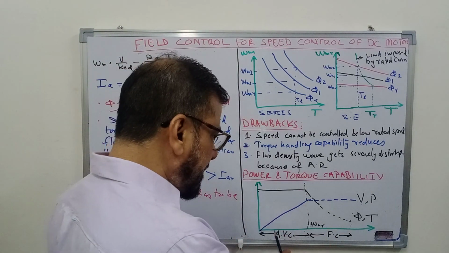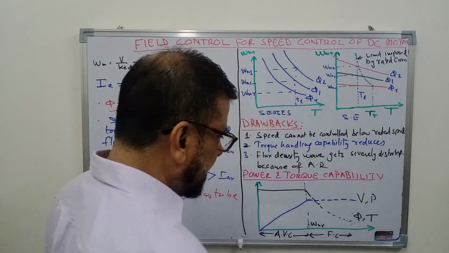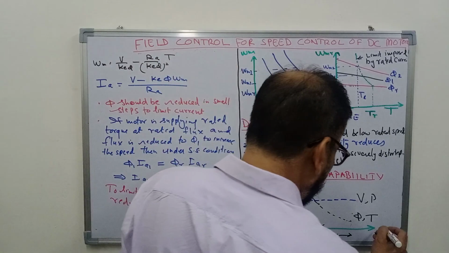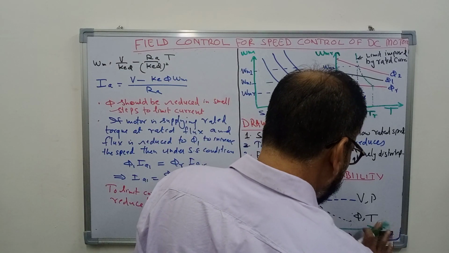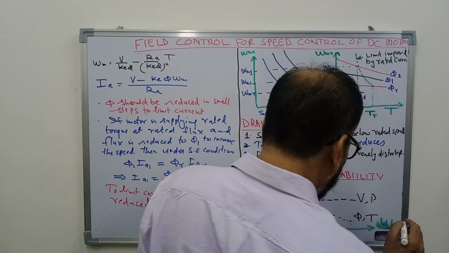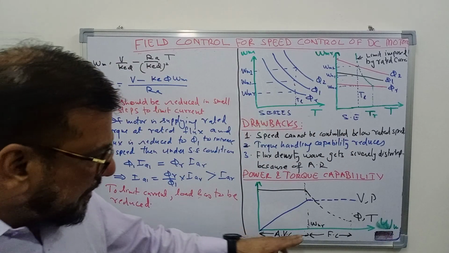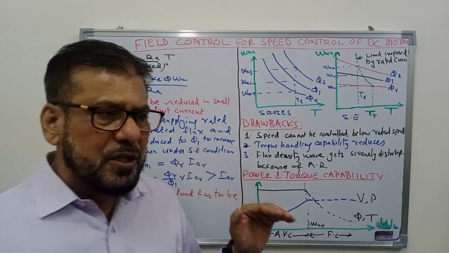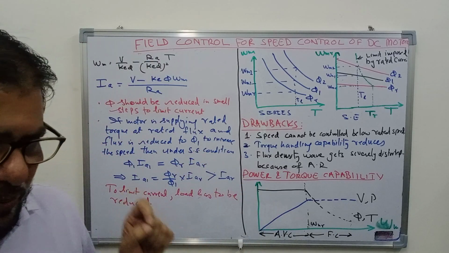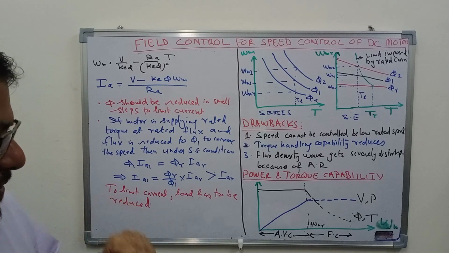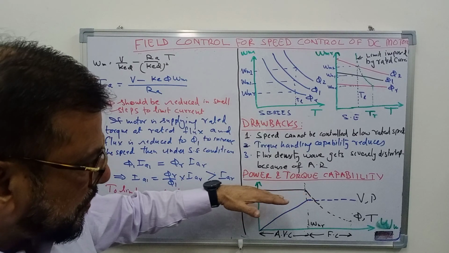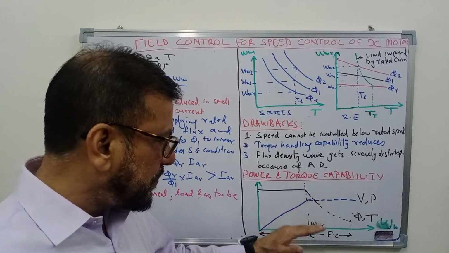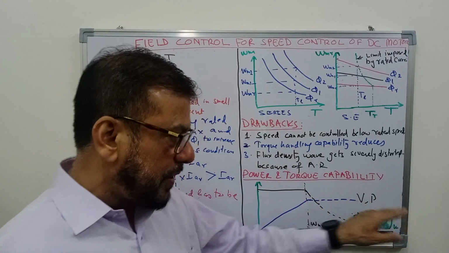This curve shows the speed here, and this is the rated speed. Below the rated speed, if you want to control the speed, you have to change the armature voltage, keeping the flux constant. So this black line shows flux as well as torque, and this blue line shows voltage and power.